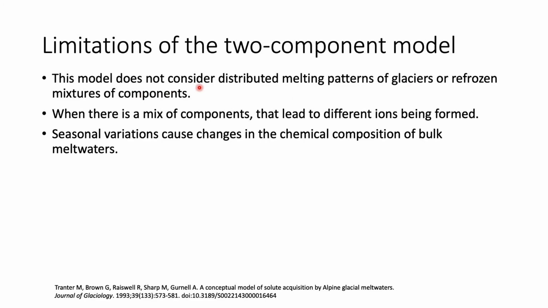This model does not consider distributed melting patterns of glaciers or refrozen mixtures of components, so they are not included. When there is a mix of components that lead to different ions being formed, that is also ignored. The seasonal variations cause changes in the chemical composition of bulk meltwater, so this is also not considered. So these are the limitations of the two-component model.